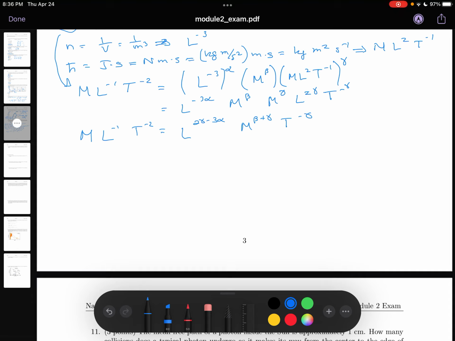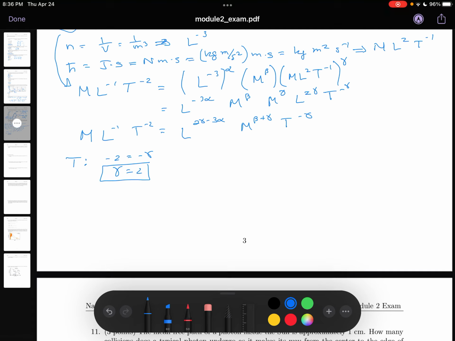Okay, so our easiest equation to deal with right now is the time. So if we look at our exponents of time, we have t to the -2 equals t to the minus gamma. So it means -2 equals minus gamma, or gamma equals 2.